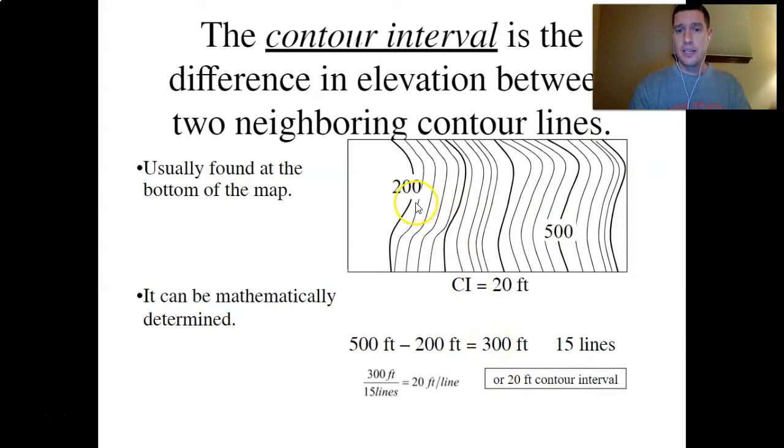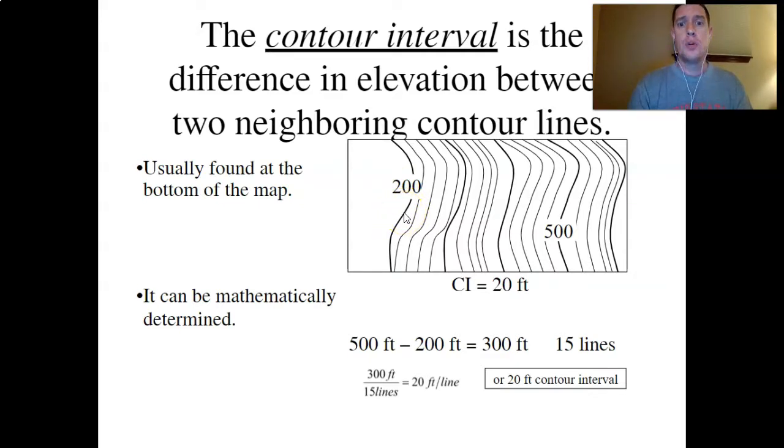Now, next thing I have to do is I have to start at one of these, the 200 or the 500 line. I have to start there. And then what I have to do is I have to figure out how many pieces that 300-foot elevation change has been cut into by these lines on the map. So I need to count the lines. Okay, so I'm going to start at the 200 or the 500.